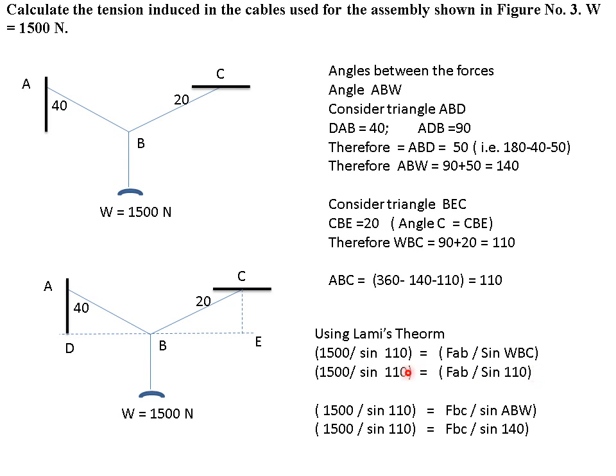So with sine of 110 you can get the answer for T_AB. Then 1500 divided by sine of 110, this opposite angle, is equal to T_BC divided by sine of ABW. ABW you already calculated here as 140. So this has to be 140.